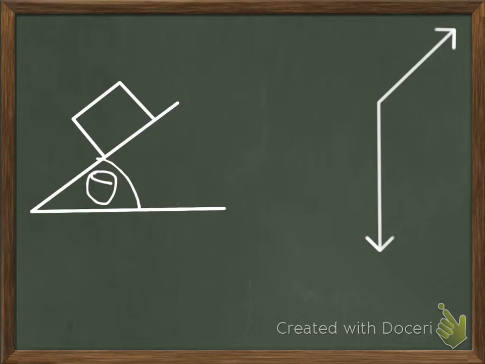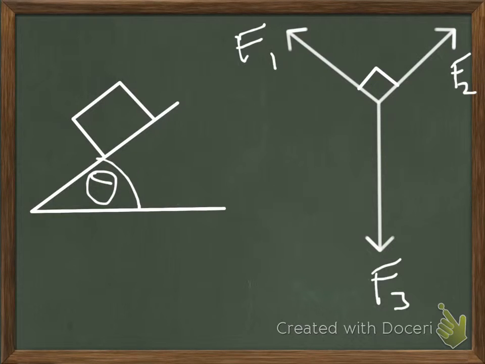We've got a force pushing up the ramp to keep it from sliding down, and then we have a force from the ramp that is keeping it from going through the ramp. So gravity, friction, and our normal force. But for simplicity's sake, I'm just going to say force 1, 2, and 3, so that way we can generalize this to whenever we have a force diagram that looks this way.